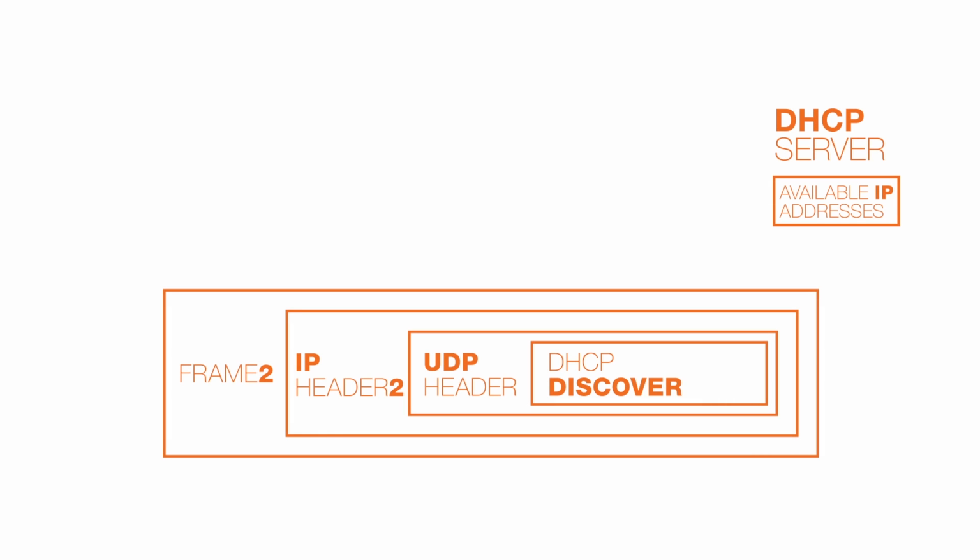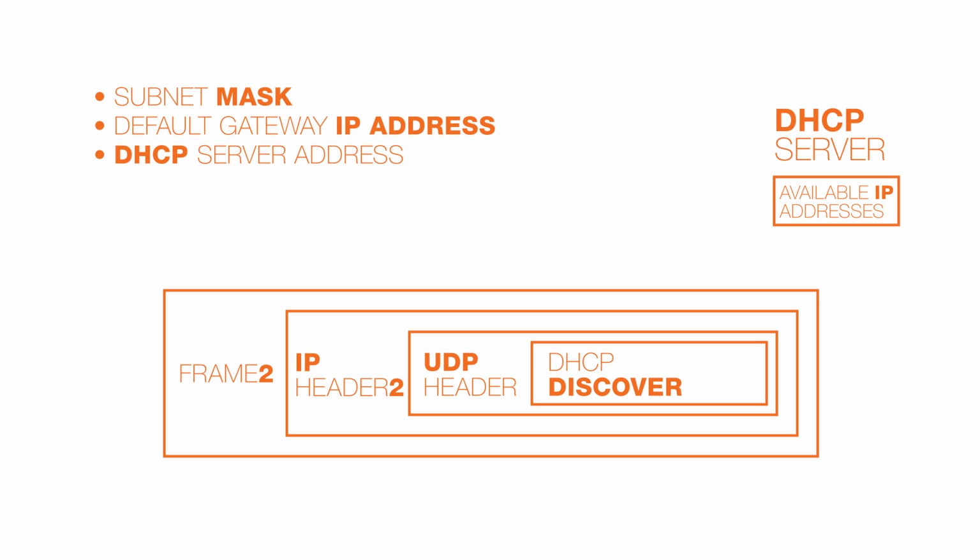The DHCP server will also give other pieces of information to the DHCP client, including subnet mask, default gateway IP address, DHCP server addresses, DNS server addresses, and more.